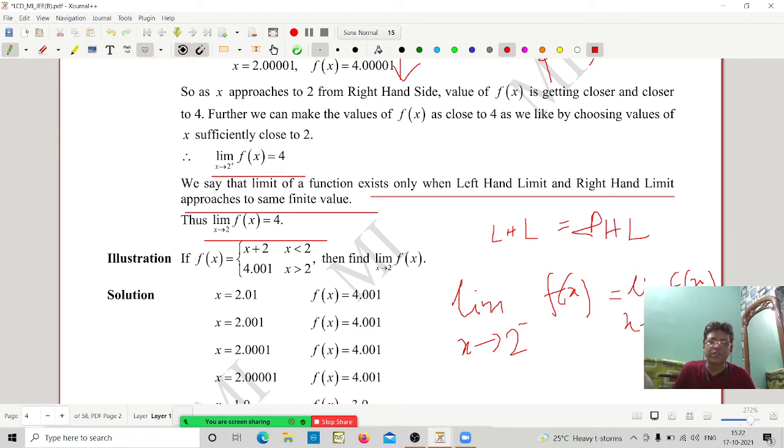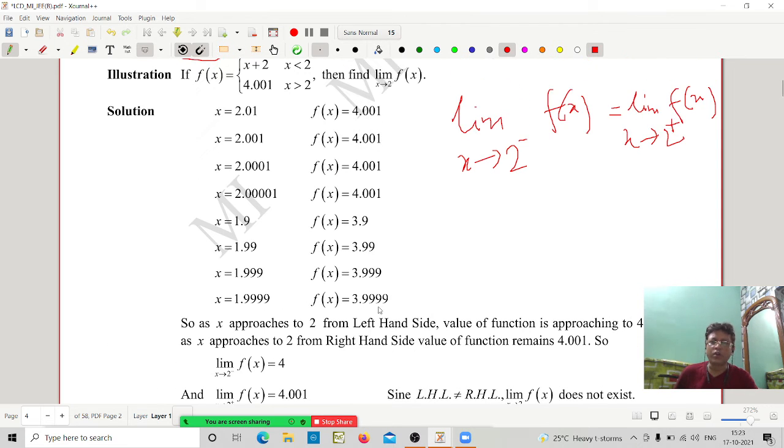If these two limits are equal, we say the limit exists, and finally limit x tends to 2 of f(x) equals 4. That is the existence criterion for the limit.